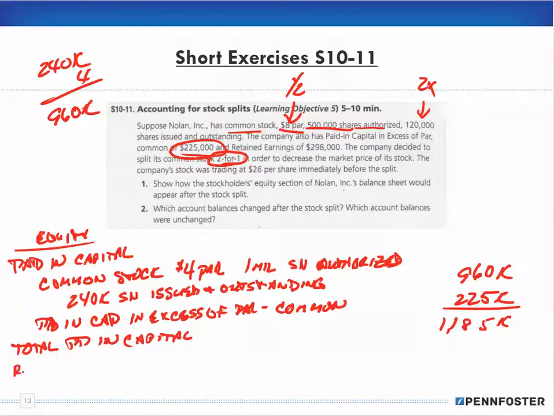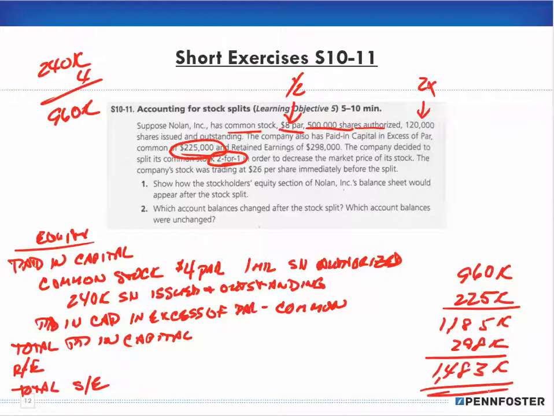And then we have retained earnings. And our retained earnings was 298,000. And so our total equity is, let's see, 1,483,000. Okay, right.